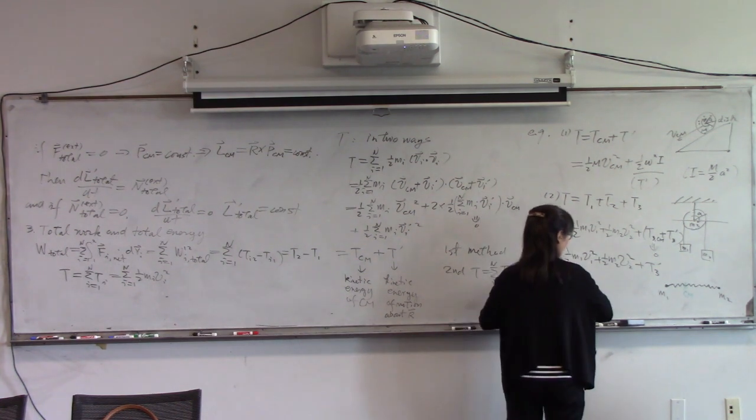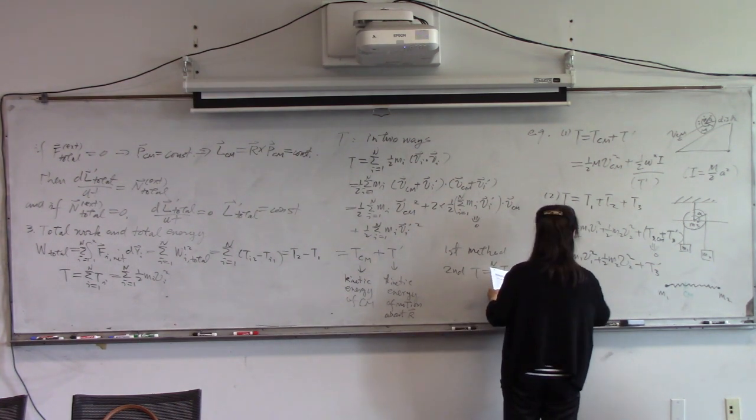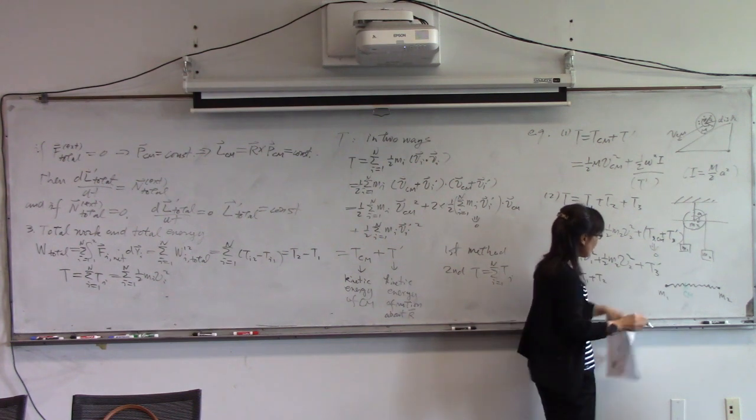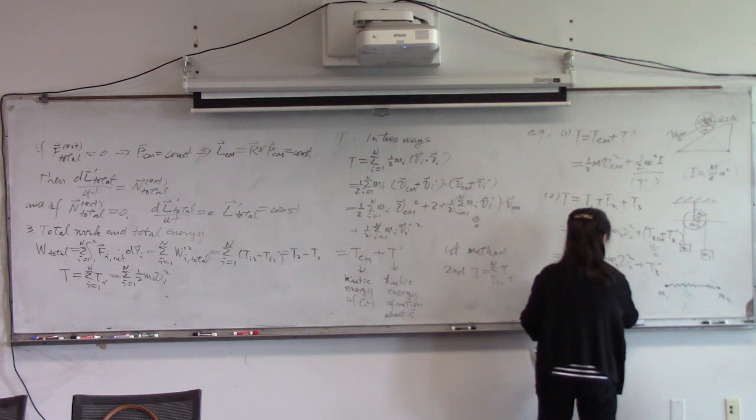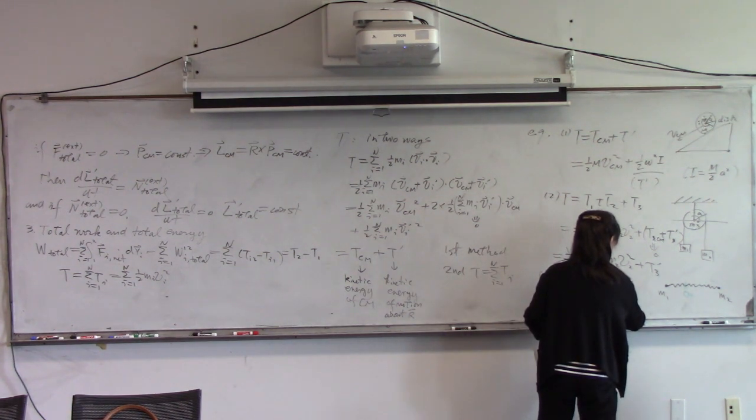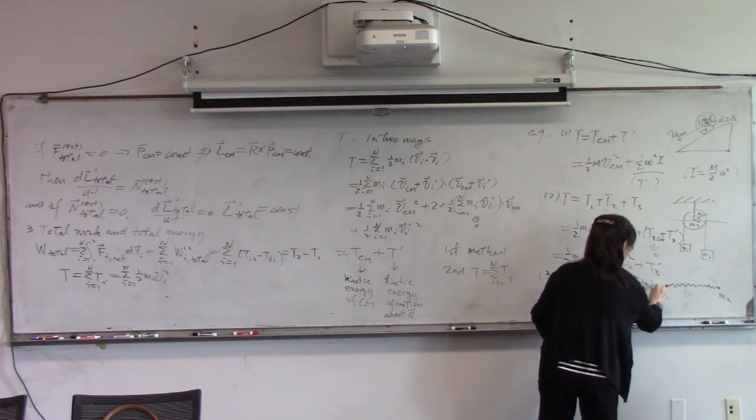Which one you prefer is either, right? So in this case, I can either use T1 plus T2, simply, depending on where you select your coordinates. That is half of M1 V1 squared plus half of M2 V2 squared, very simple.